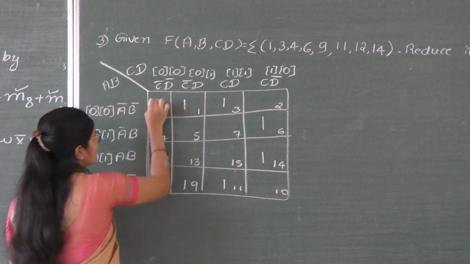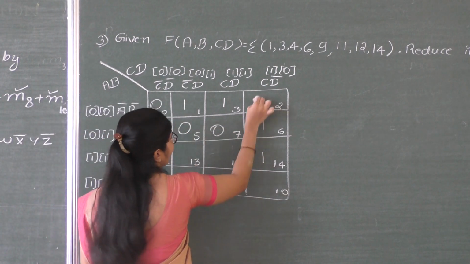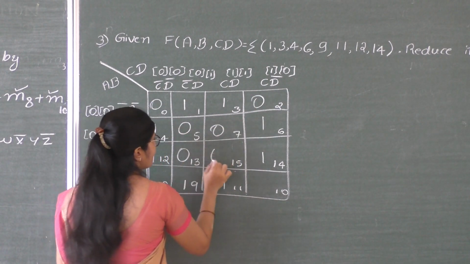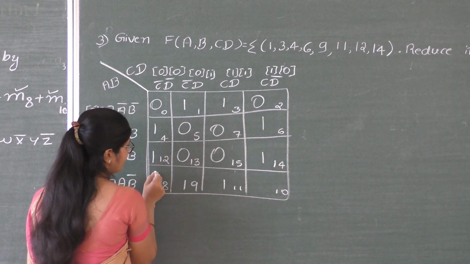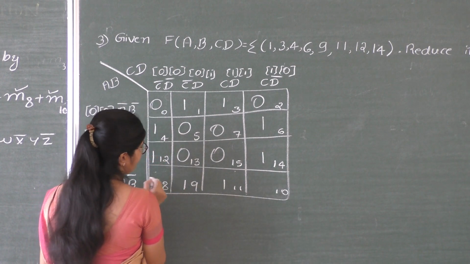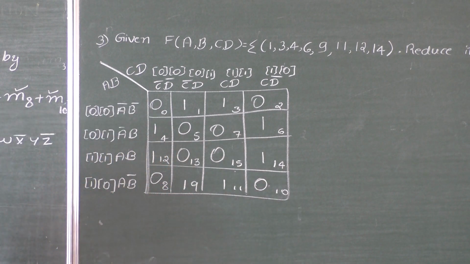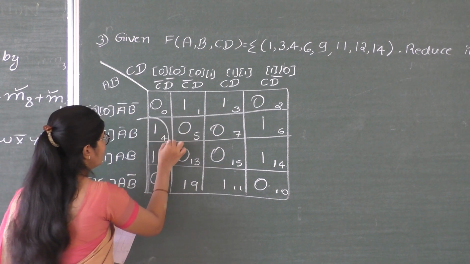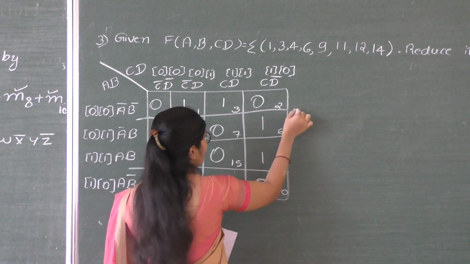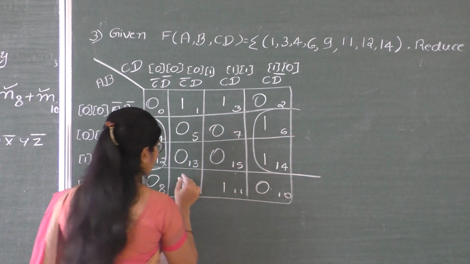Fill the remaining squares with zeros. Now we can form two quads.